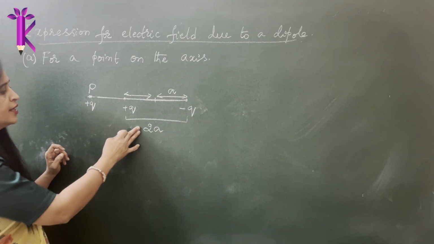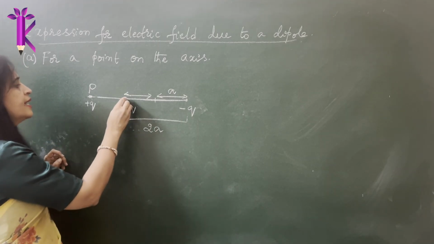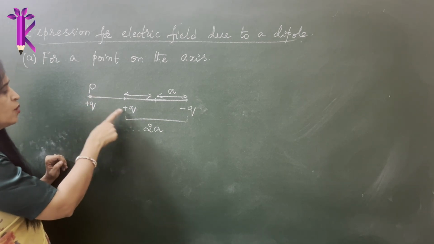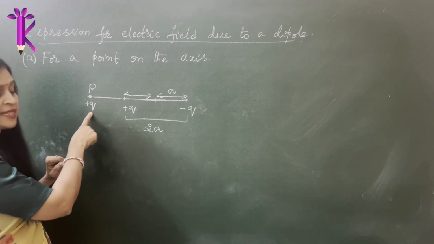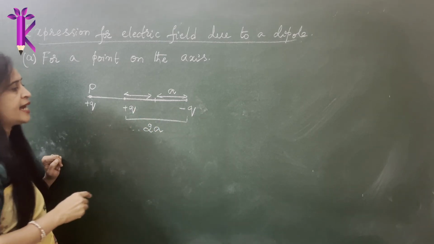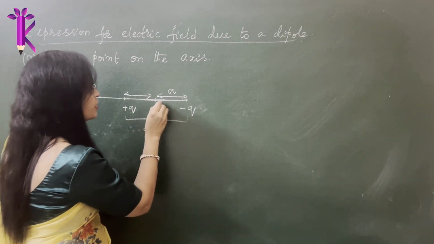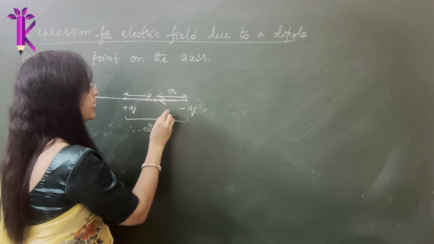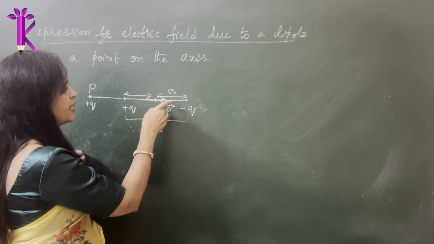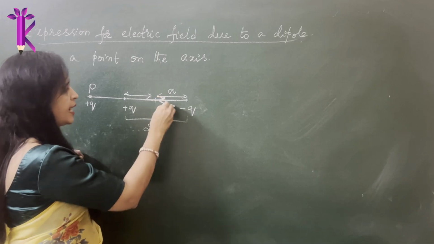Before calculating the distance, let's see what will happen to the test charge. What will be the forces experienced by the test charge due to plus q and minus q? What is the direction of the dipole? By convention, the direction of the dipole is always given by minus q to plus q. So this is the direction of the dipole.